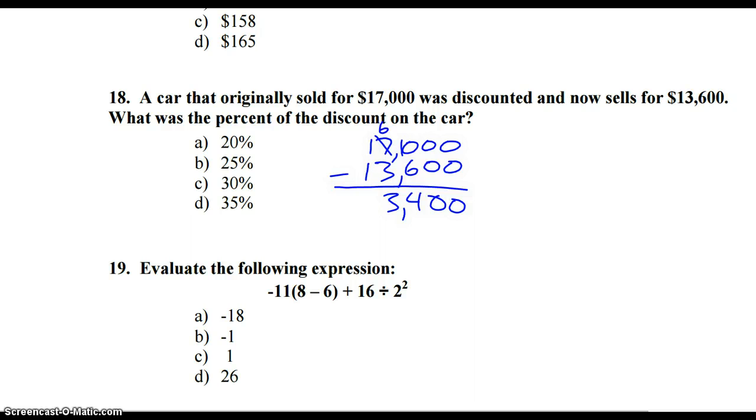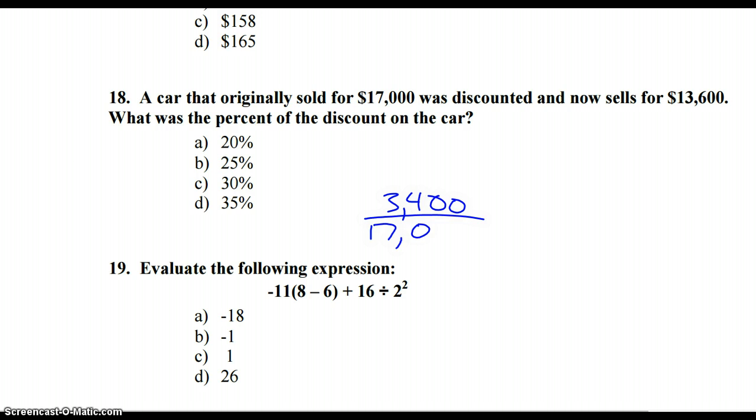Okay, now we have to figure out how much that is of 17,000. So 3,400 divided by 17,000, and we can do this nifty little trick. So really, how many times does 170 go into 34? And we can go this route here.